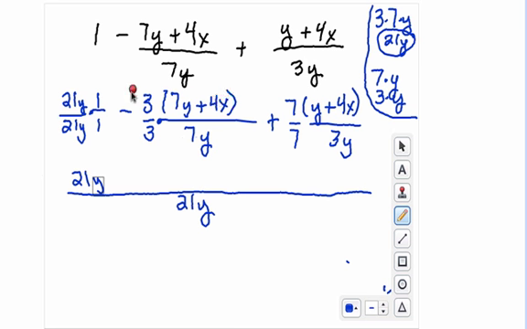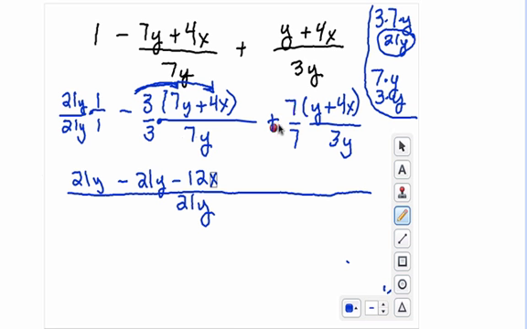So let's distribute minus 3 to both of these terms. That's going to give you a negative 21y, and a negative 3 times a positive 4x is a negative 12x, so minus 12x.